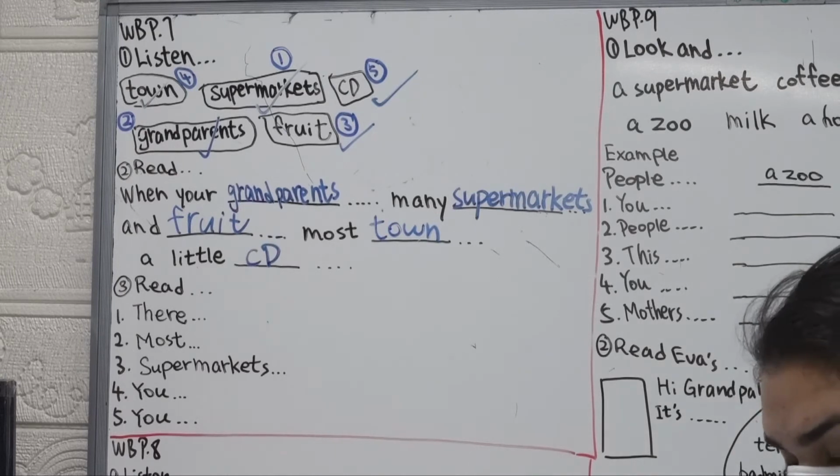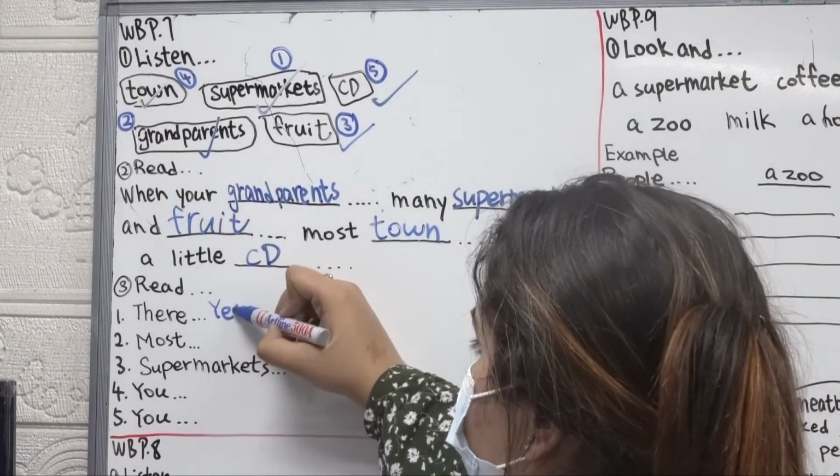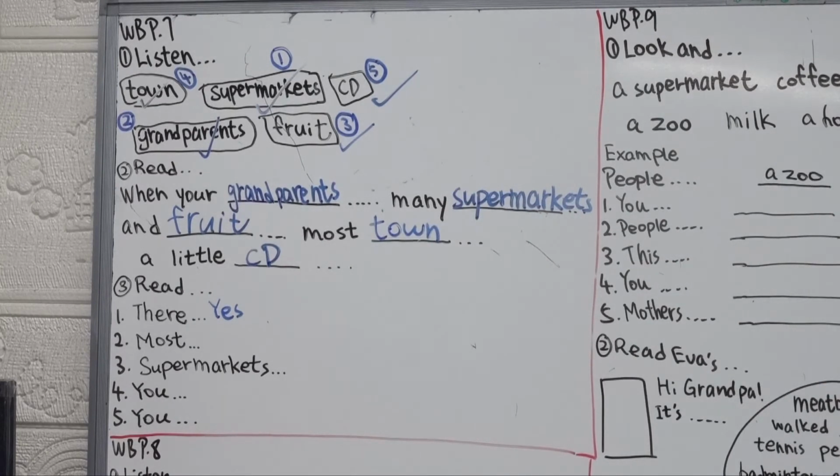Yes or no? Yes, right? Because according to this one, it says when your grandparents were young, there weren't many supermarkets. But it doesn't say that there's no supermarkets at all, right? So that is yes. There were supermarkets when your grandparents were young, but not many, okay?